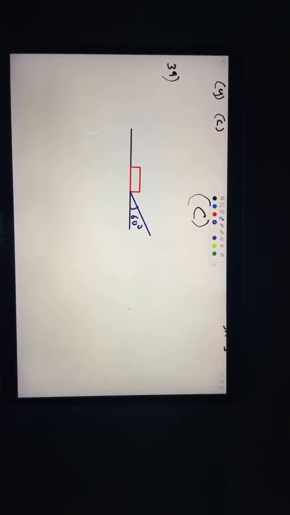So there's a tension in this string. It's on a smooth horizontal surface, meaning that there is no friction. The weight of the object, mg, will be acting downward. I've told you where there is weight, there will be a normal reaction.